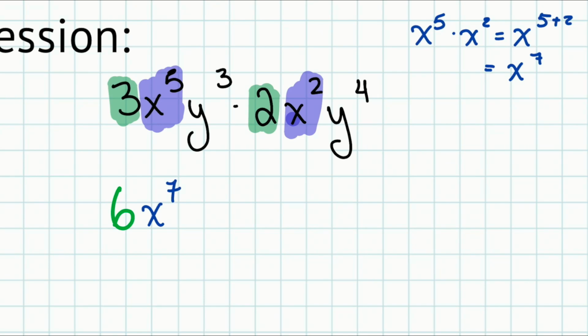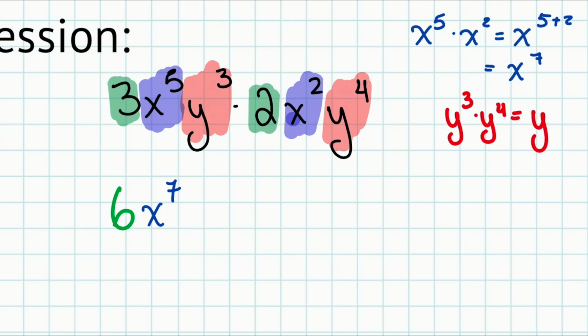And then from here, my party people, we have lastly y to the power of 3 with the y to the power of 4. Everybody, what is y to the power of 3 multiplied by y to the power of 4? We can write that out as well. That's going to be y to the power of 3 plus 4, because we're doing the product property where we add the exponents.